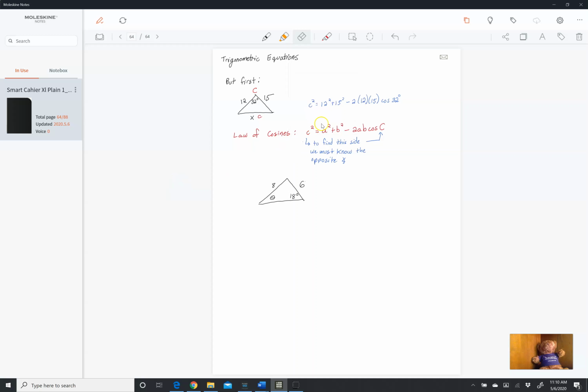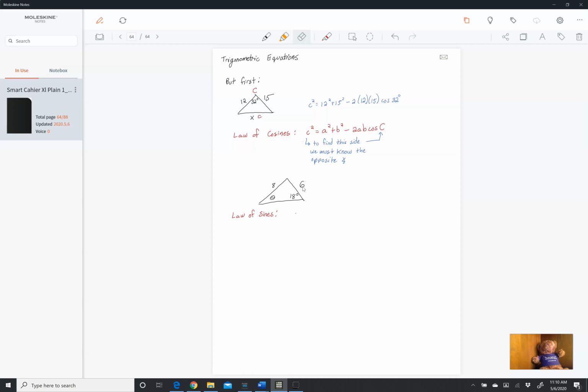So in the law of cosines, you can know all 3 sides and be looking for an angle. Or you can know 2 sides and the angle included, okay, the included angle, which is the angle between those 2 sides. For the law of sines, it's different information that you would know. People write this differently.